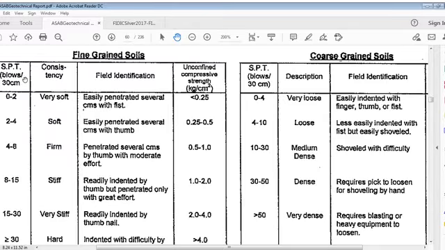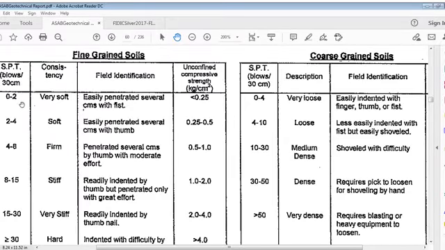Now this is a standard table which gives you, I think you probably know it. It means in fine grained soil these parameters are valid, and in coarse grained soil these are valid. Fine grained soils means fine sand and silt, which are very fine.